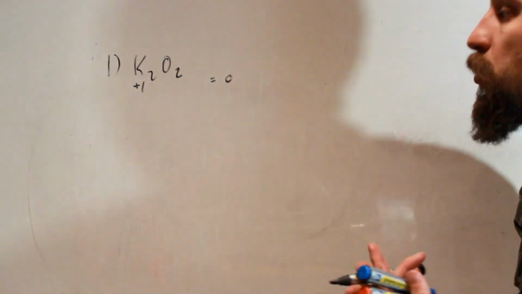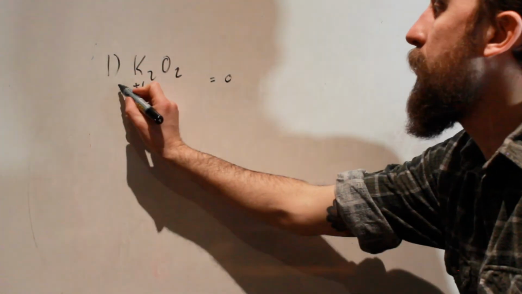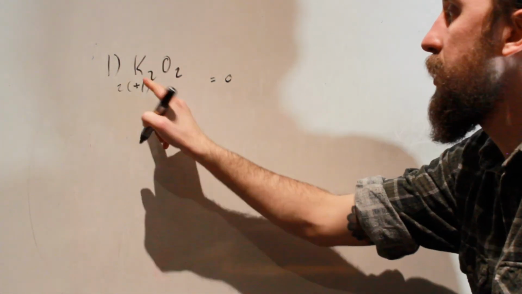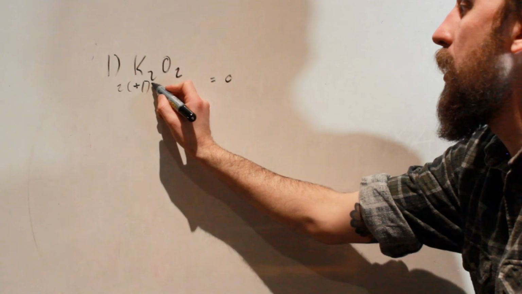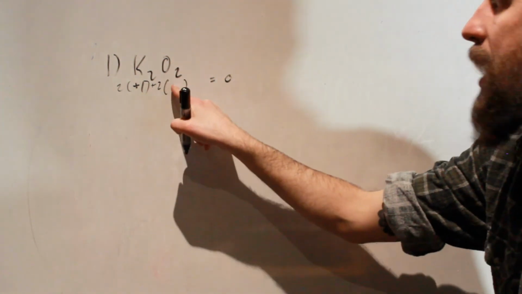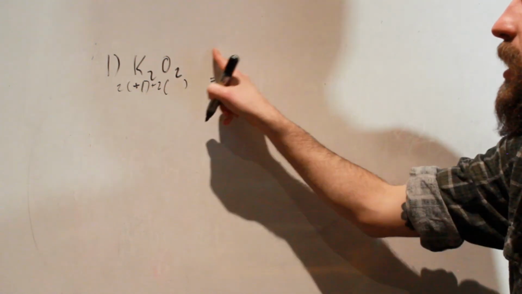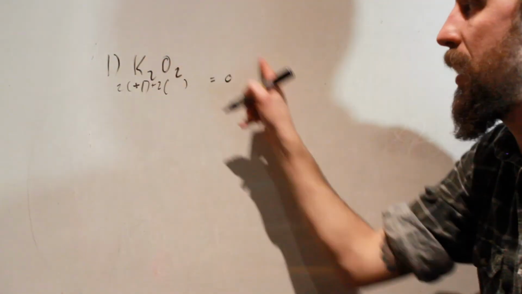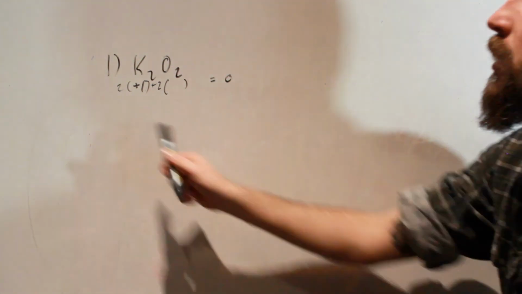So it becomes a little bit of just very simple algebra type questions. If I've got 2 lots of +1, because I've got 2 potassiums, and I've got 2 lots of my oxygen, what does my oxygen have to be in order for this to equal 0? Because this is a neutral compound, this has no charge.